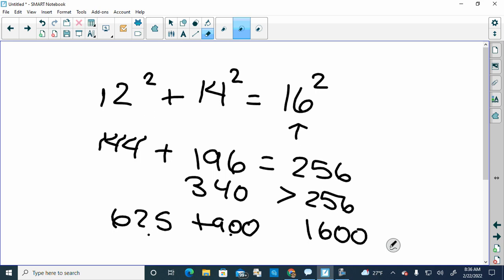Okay, 1525. So if you're comparing this number to this number, this one's bigger, right? So if the C is bigger, then that makes it... Oh, yeah, I got that mixed up. Okay, so that would make it what? Obtuse. Sorry, I got that mixed up. That's okay. So switch it to obtuse.